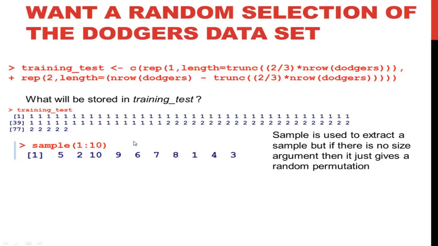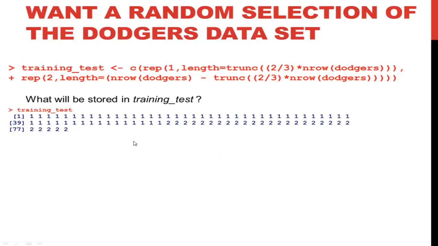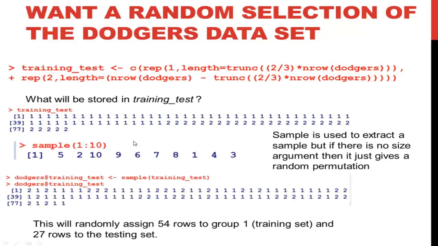So we're going to get 1s and 2s and 1s and 2s and so on. Okay, so let's do that. We do that, and we'll call it Dodgers$score training set, and this is now a permutation or random arrangement of these numbers.